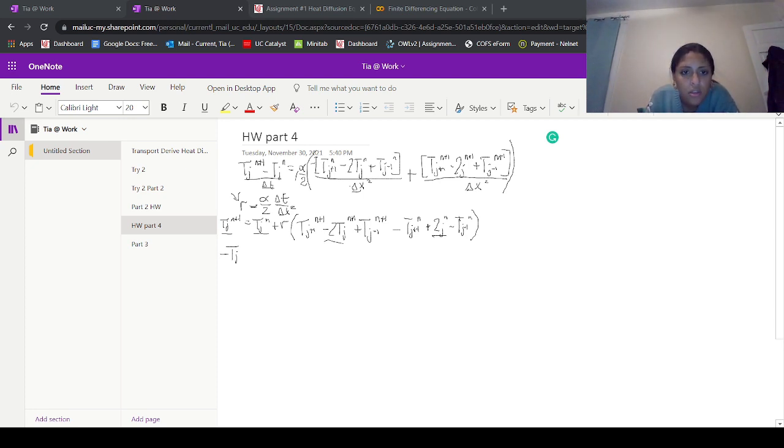And then, here, let's see. It's easier to look on the screen at my OneNote. I'm lost. No, I'm not. Here's what this means.